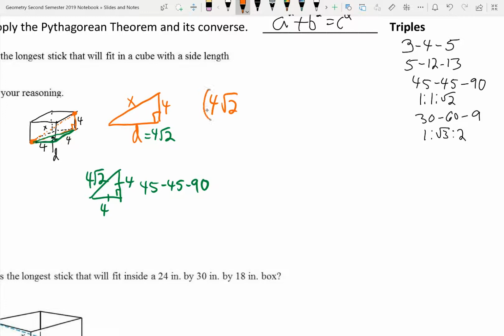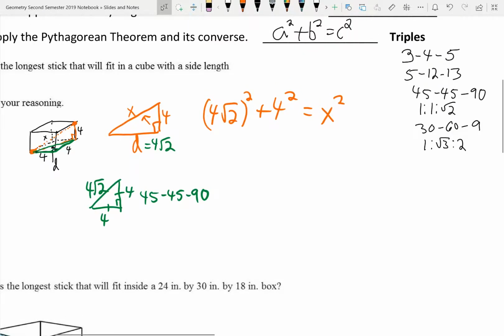So 4 root 2 squared plus 4 squared, because again, the side opposite the 90-degree angle is the hypotenuse, so that's c, equals x squared. Now, when we're squaring 4 and the root 2, we need to make sure we square both of these numbers.